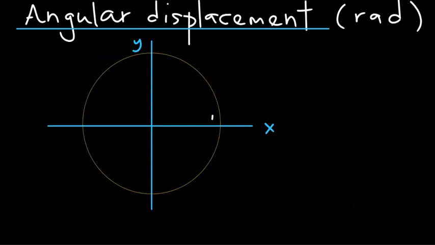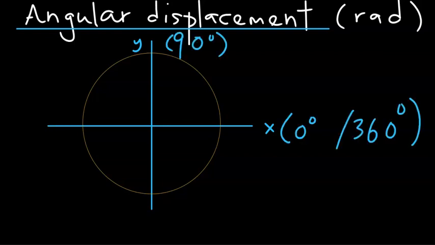Next, let's look at angular displacement. Let's say you have an object moving on an xy plane. The positive x-axis is 0 degrees or 360 degrees, and the positive y-axis is 90 degrees as we discussed before. Let's say the object moves from point 1 to point 2 in a counterclockwise motion like that. The angular position of the object while it is at point 1 is, let's say, alpha.